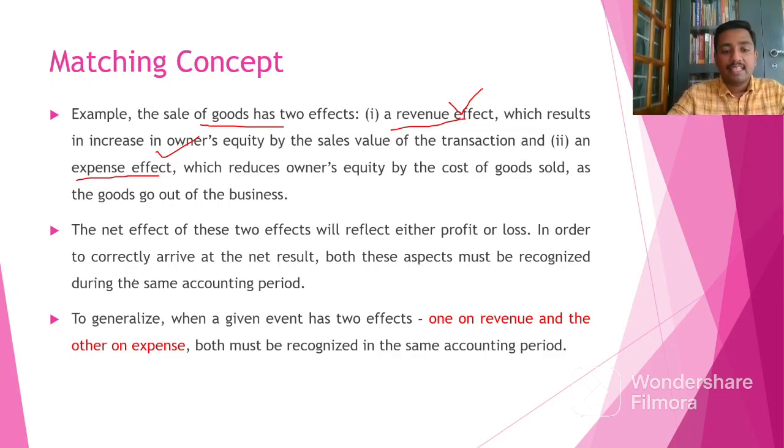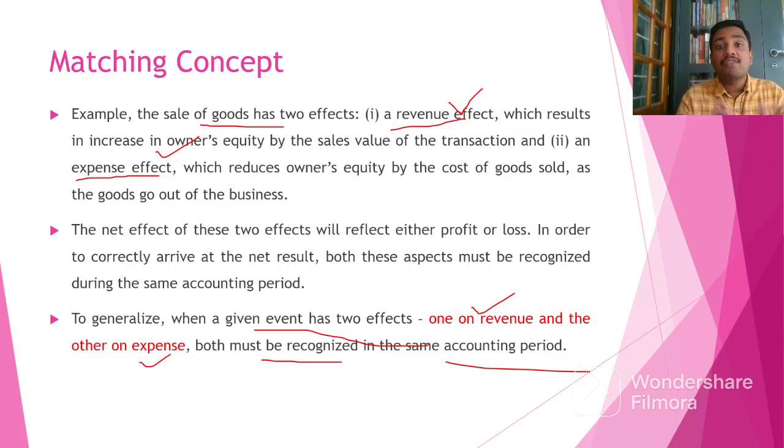So to generalize, when a given event is having two effects, one of it is revenue and the other one is expense, both must be recognized in the same accounting period, then only it could be matched, and the result of the matching is either a profit or a loss, right? The result of the matching is either a profit or loss.